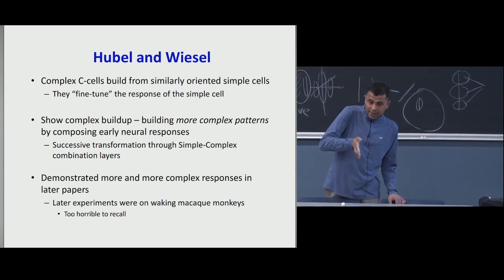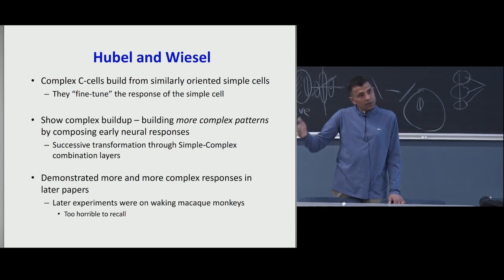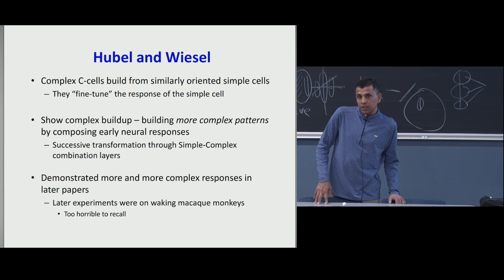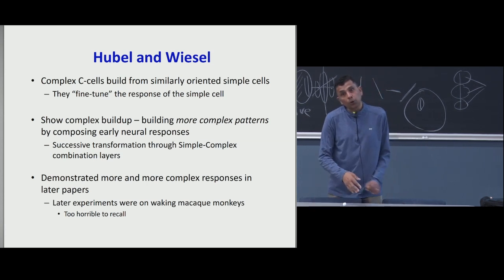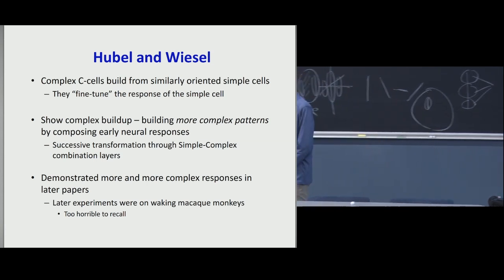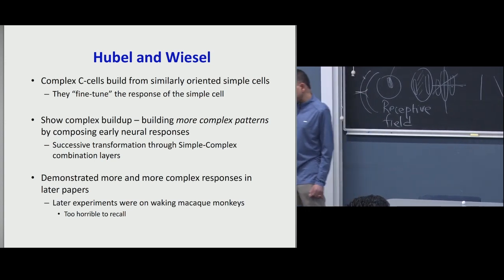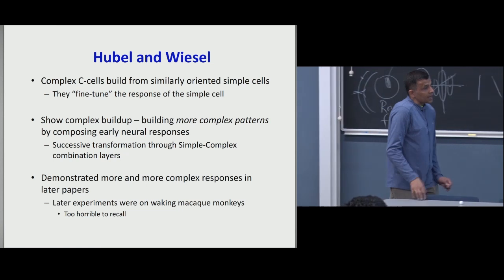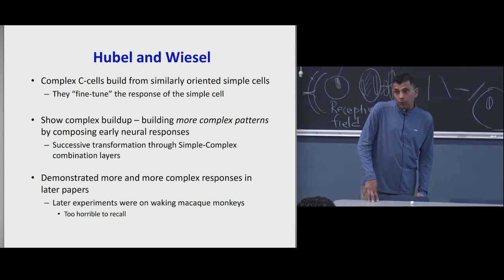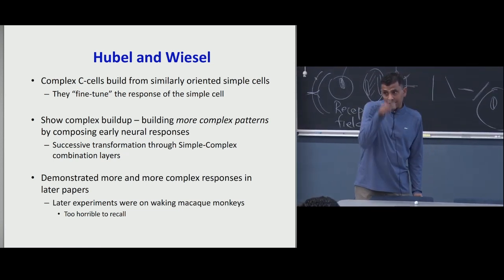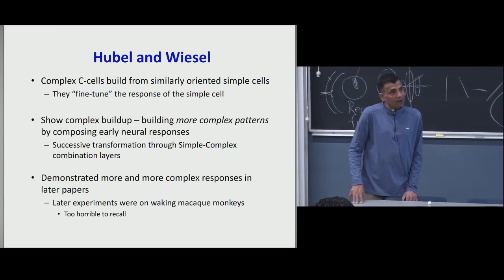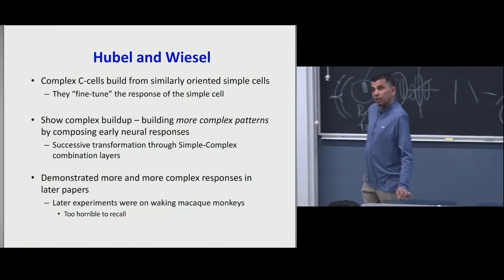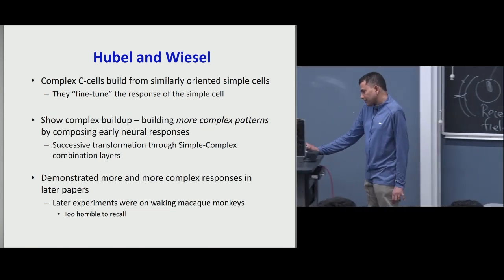But then the outputs of these C cells were looked at by the next group of S cells, which were looking at patterns in the outputs of the C cells, and those in turn fed the next layer of S cells, which fed into more C cells, and so on. As you went deeper and deeper, the patterns that the C cells were looking for became more and more complex. They were no longer just lines, but combinations of lines and other such stuff, much in the manner that we spoke of when we were speaking of how neural networks themselves build up patterns.